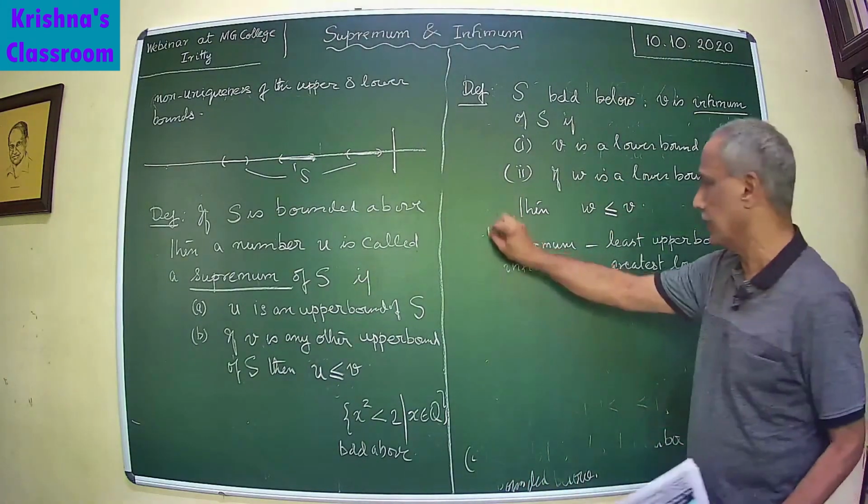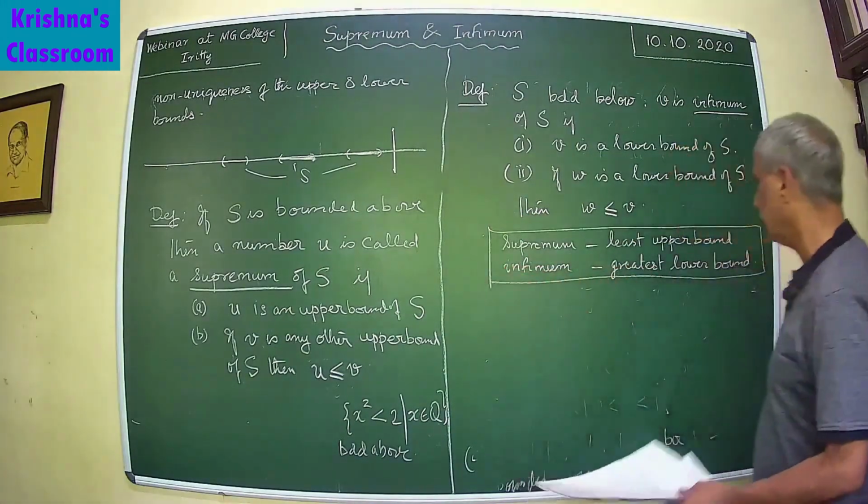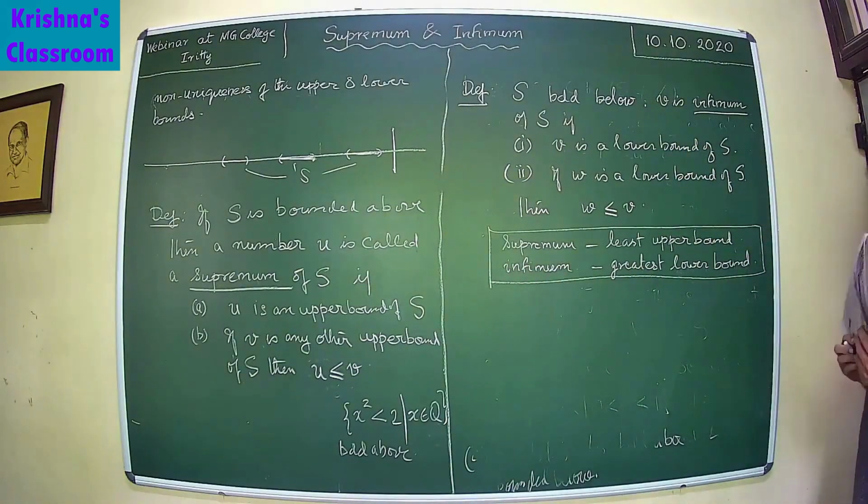So these are the terminologies that one usually uses: least upper bound and greatest lower bound, which are also called supremum and infimum.